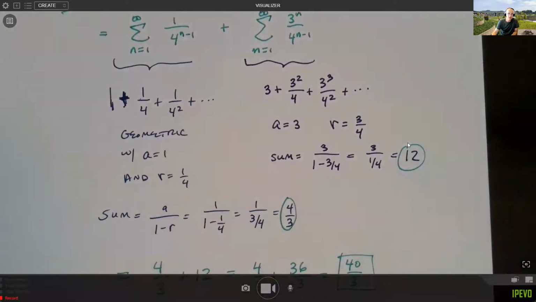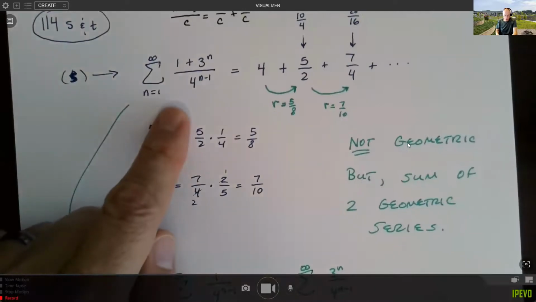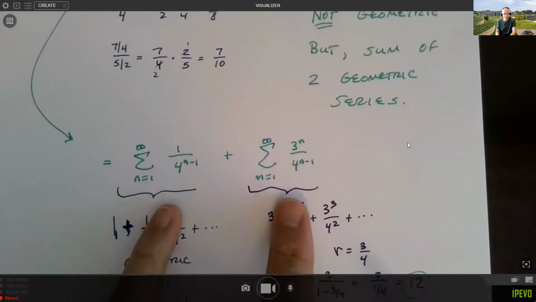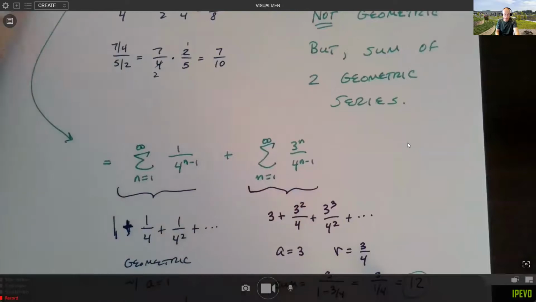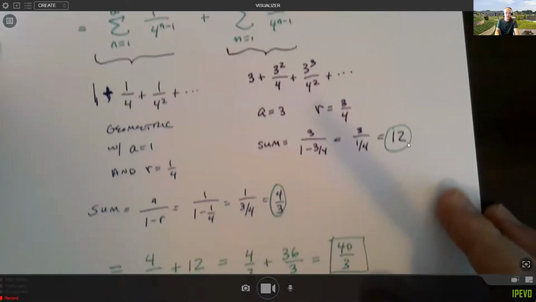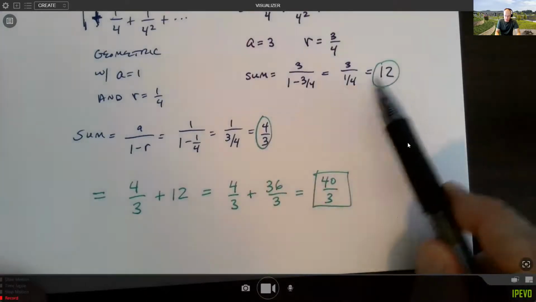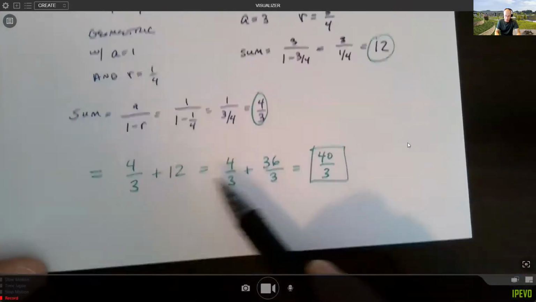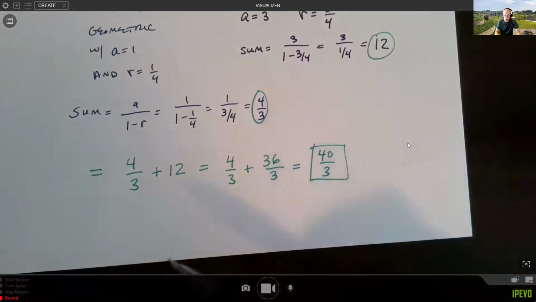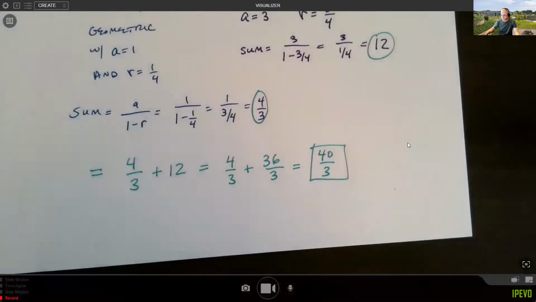And so since our original series is the sum of these two series, both of which are convergent, and we know the sum of each of those series, the sum of our series will be the sum of these two series together. So 4/3 plus 12, which is 40/3. So that's the way you want to do S and T. Again, I apologize, I didn't mean to confuse people on that one.